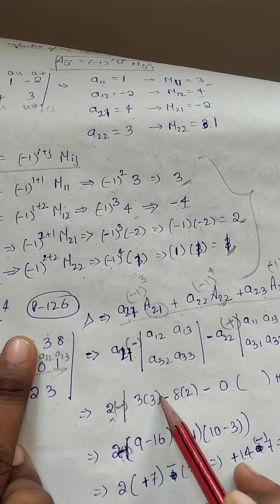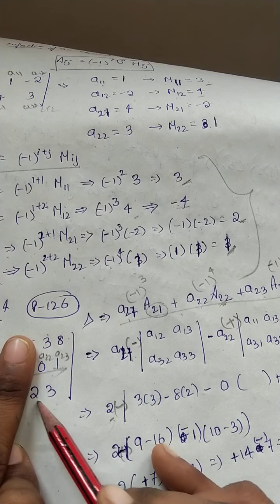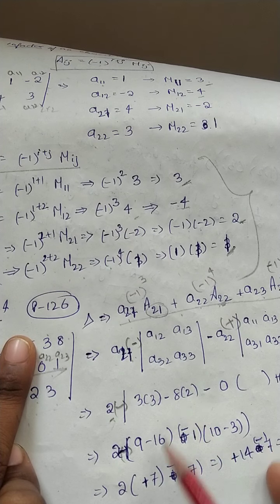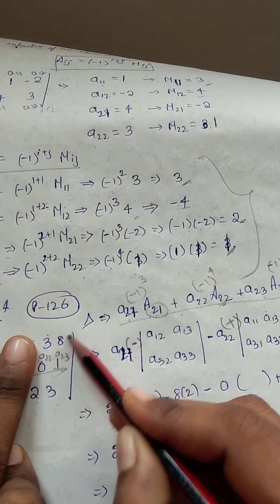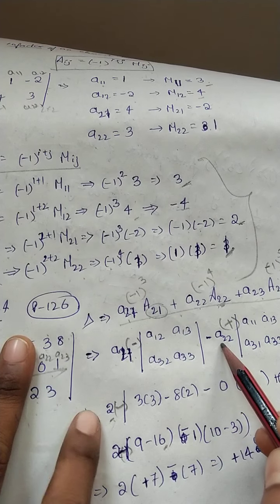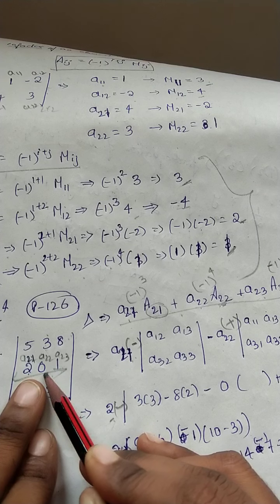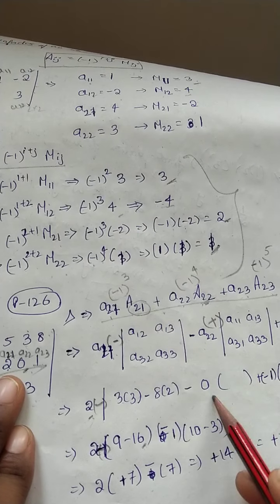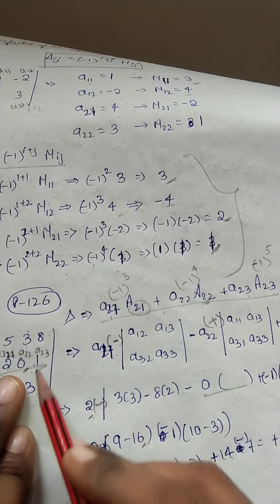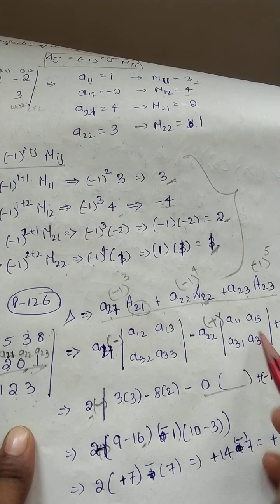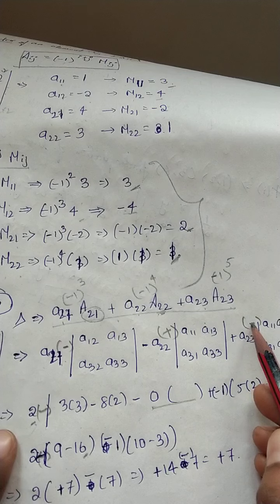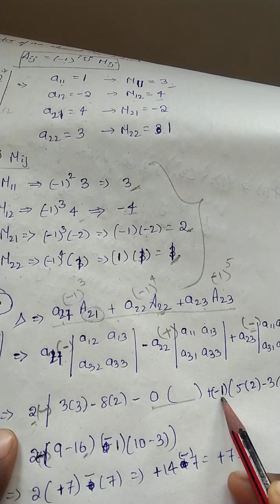3 3s are 9, 2 8s are 16. Cross multiply like this. Again the center value A22 is 0, so 0 into anything will be 0, and there is no need to calculate that part. Now the third value is 1, and with the negative sign you should write it because of the formula, so that is negative 1.